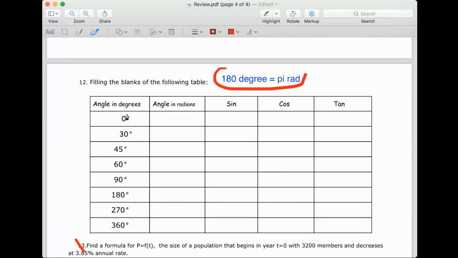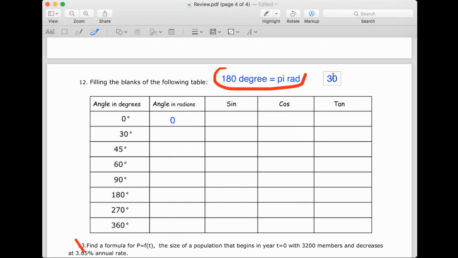So 0 degrees is of course 0 radians, so I have 0 here. Radian is usually abbreviated rad. What about 30 degrees? Let's use this equation.